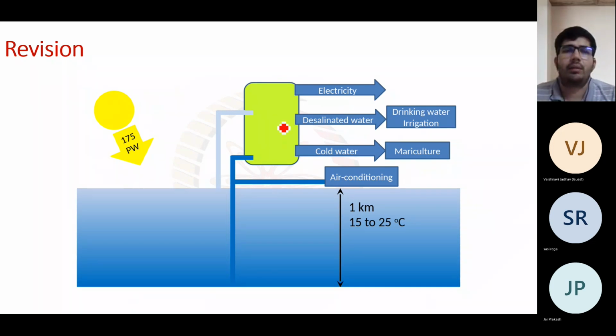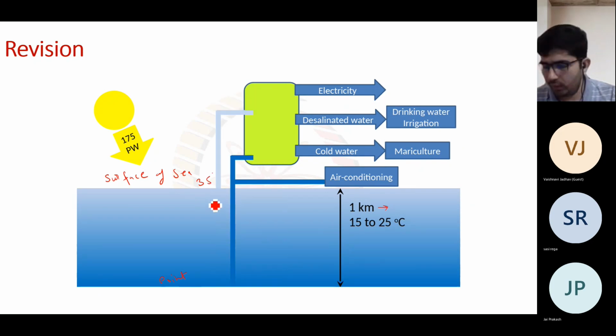So this is a simple diagram you can see. This is the surface of sea. This is a point at 1 kilometer distance. Okay, so here we can assume that at the upper part, suppose temperature is 35 degree.